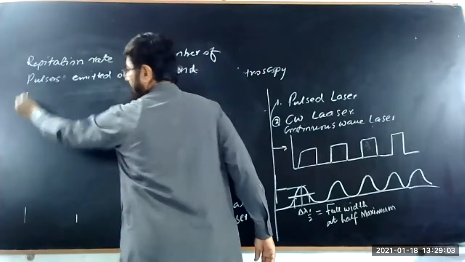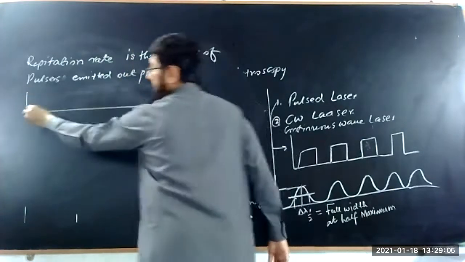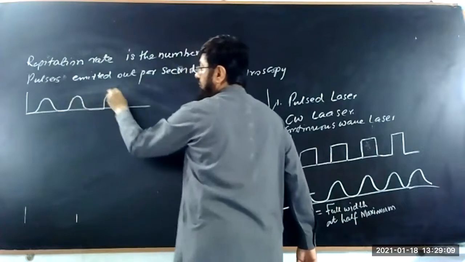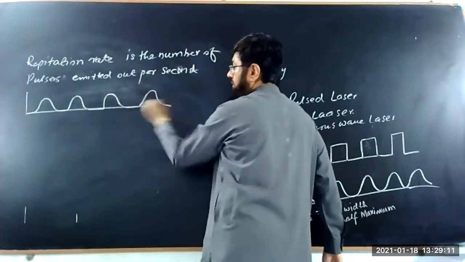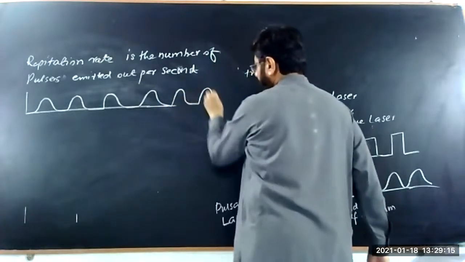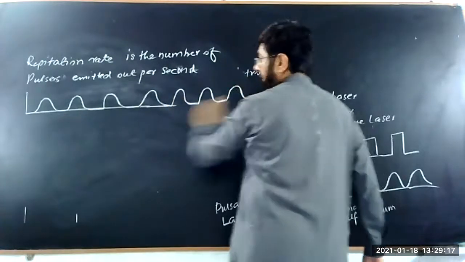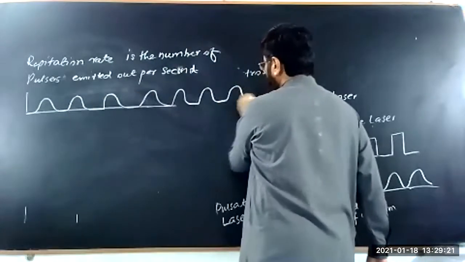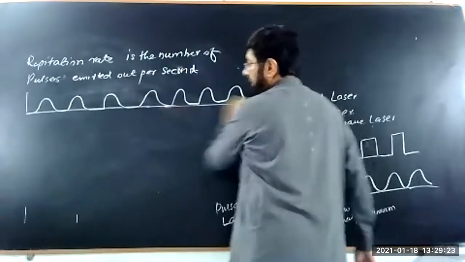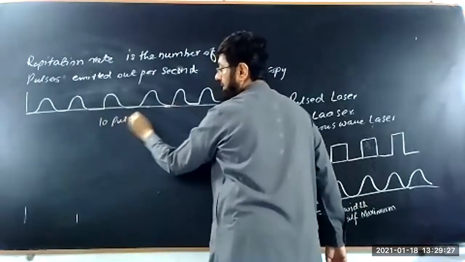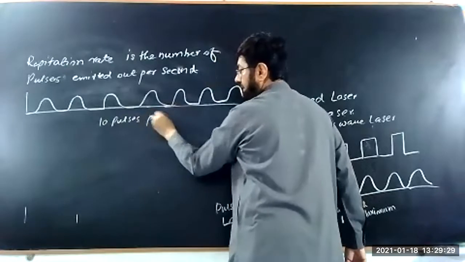If this is the light emitted in the form of pulses, these are the pulses emitted from the source. Here, let's say there are 1, 2, 3, 4, 5, 6, 7 up to 10, so 10 pulses per second.